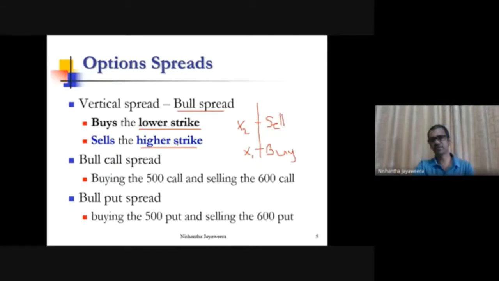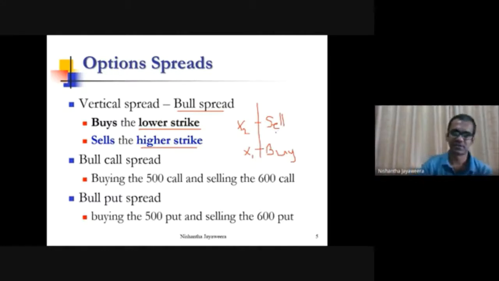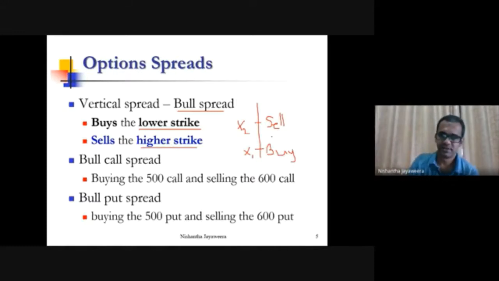Irrespective of whether it's a call or put, you buy the lower strike, you sell the higher strike. Both are put options. You buy the lower strike and sell the higher strike. That's the strategy basically.